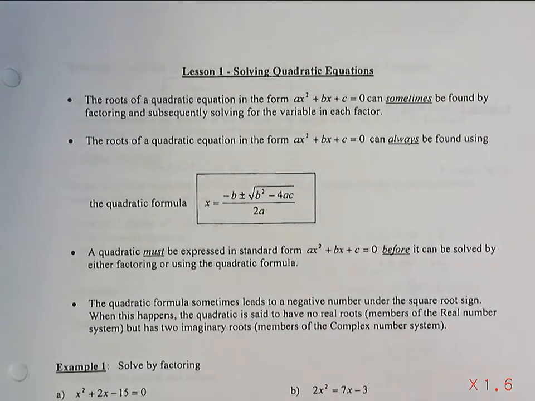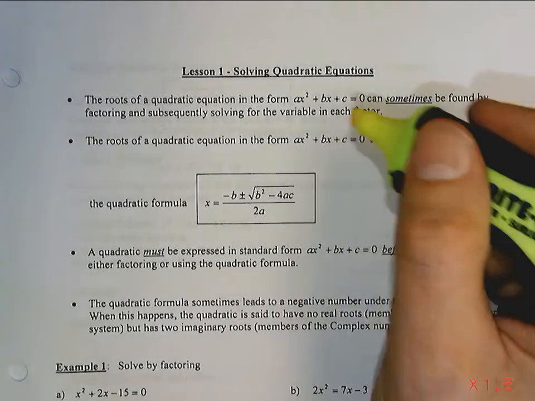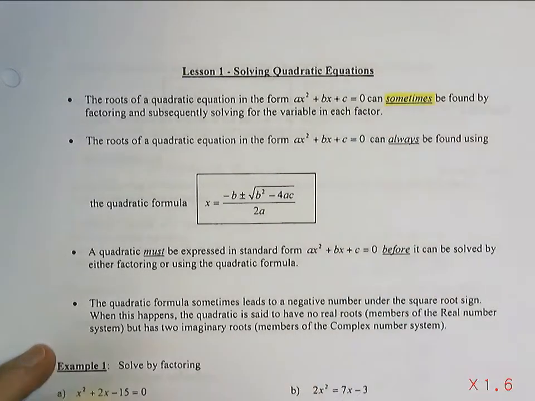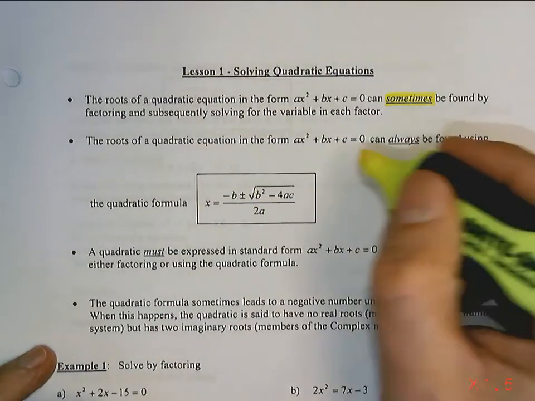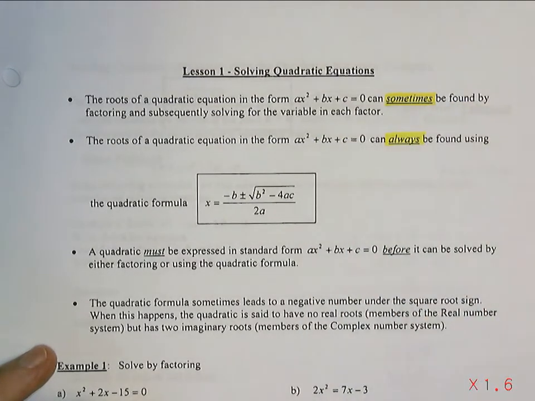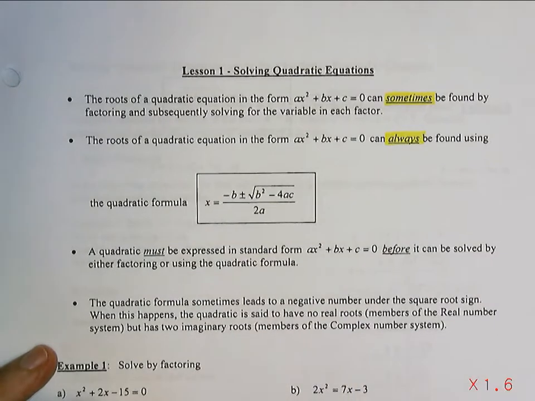Lesson 1. The roots of a quadratic equation in the form ax squared plus bx plus c can sometimes be found by factoring and solving for the variable in each factor. The roots of a quadratic equation ax squared plus bx plus c equals 0 can always be found using the quadratic formula.